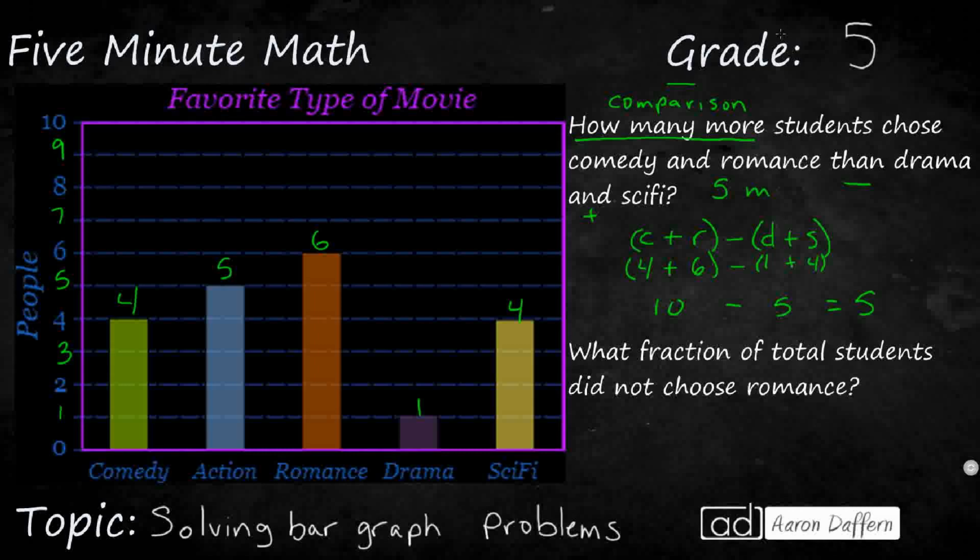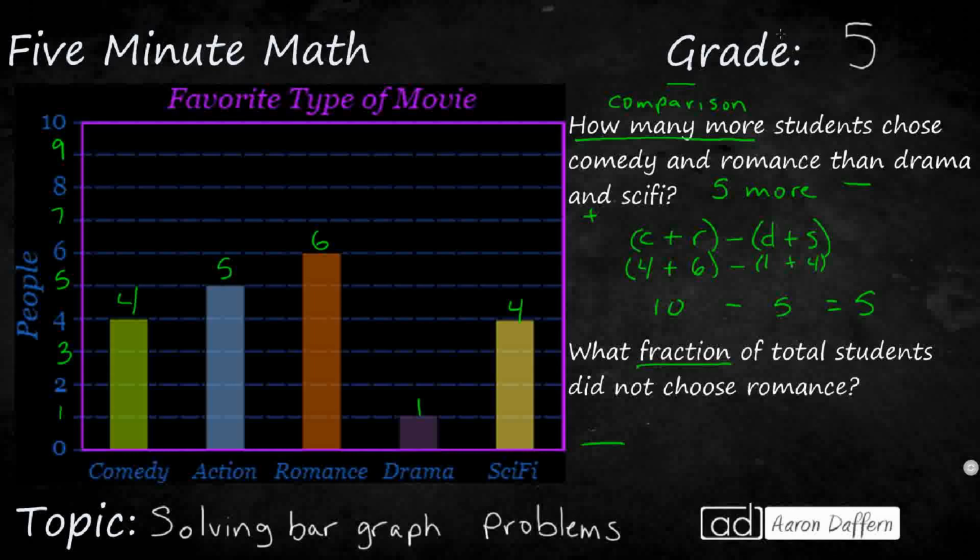So that's a typical type of question that we would get on a bar graph, taking 2 bars, adding them together, and comparing that with another 2 bars. Now, another thing that we could look at is our second question. What fraction of total students did not choose romance? Well, we already know that our answer is going to be in the form of a fraction.